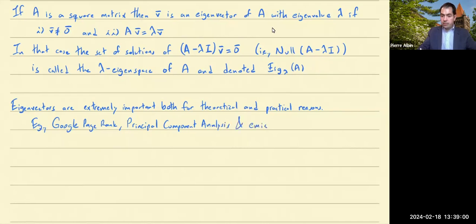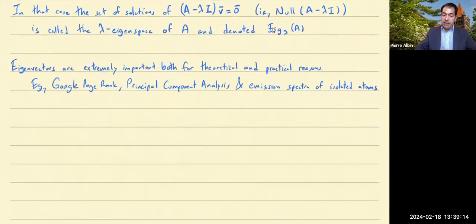And the emission spectra of isolated atoms is all about eigenvalues and eigenvectors. So let me say a little more about each of these.